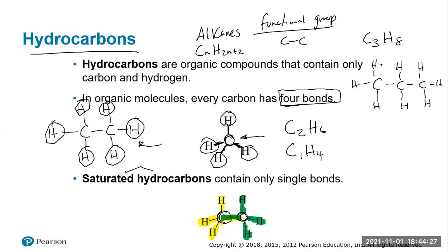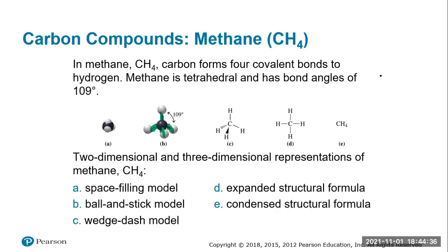As you can see there, 8 hydrogens, 3 carbons. Now, in alkanes, CH4, which is methane, is the simplest alkane you could have. The simplest organic compound you could have is 1 carbon with 4 hydrogens attached there.